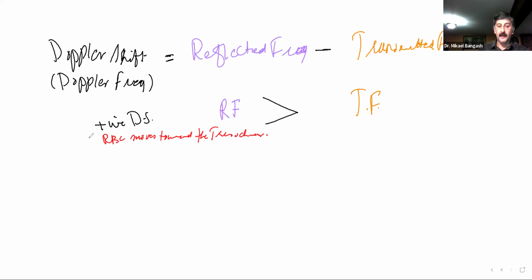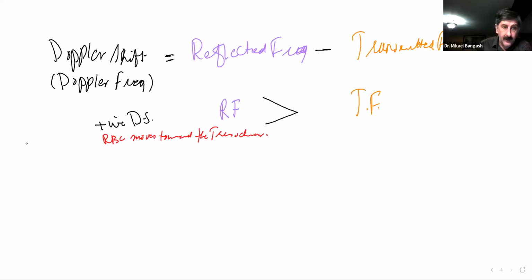Or we could say that the distance between the red blood cells and the transducer was decreasing. Did you guys get that?